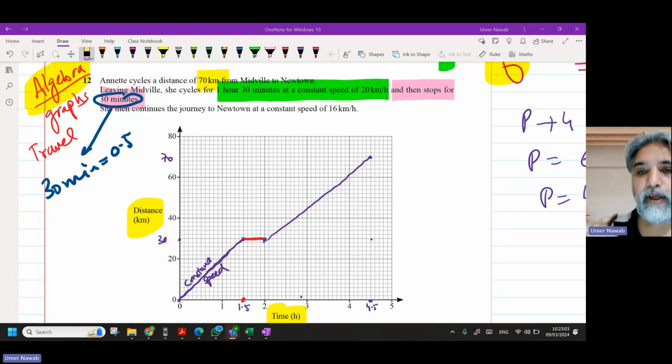No, we have to use the remaining distance, which is 40 kilometers. 40 on the top, divided by the speed, gives you how much time it takes, 2.5 hours. So this is the distance-time graph in front of you guys.